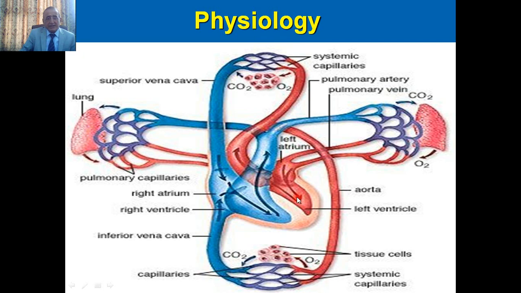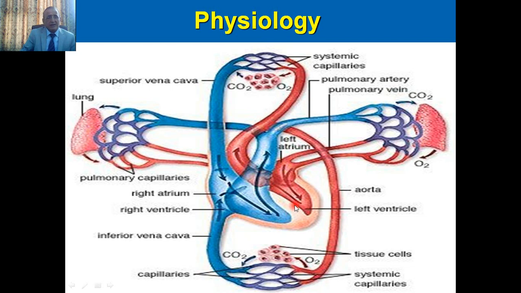The left side pressure is called systemic blood pressure, and any rise in this pressure is called systemic arterial hypertension or systemic hypertension. The right side pressure from the right ventricle to the pulmonary artery is called pulmonary pressure, and when it increases it is called pulmonary hypertension. The left ventricle generates the systemic pressure. The contraction of the left ventricle pushes the blood to the circulation.